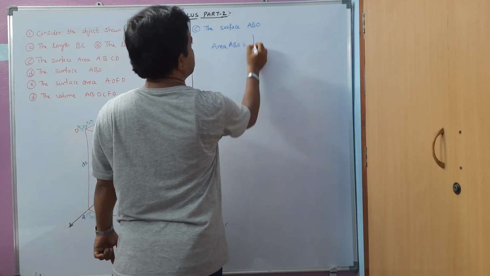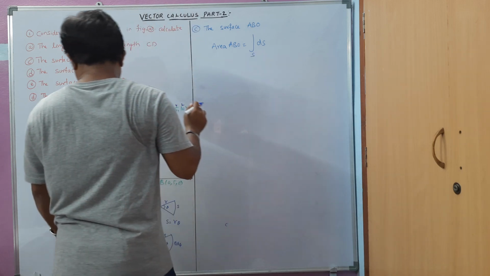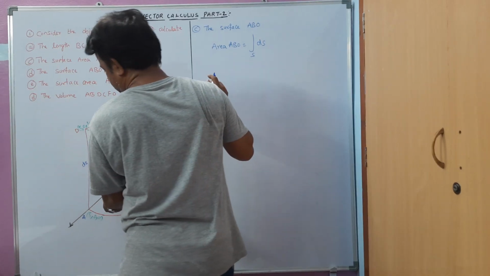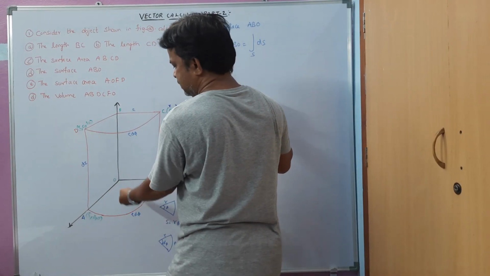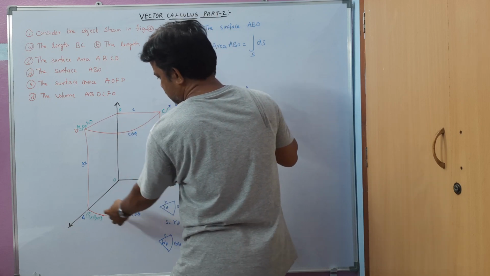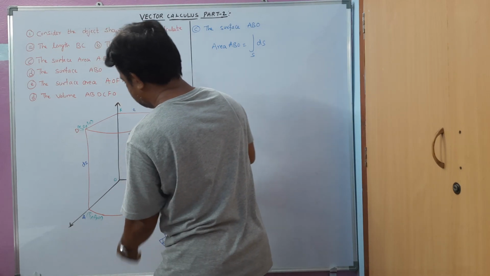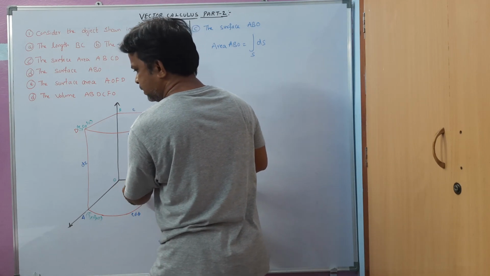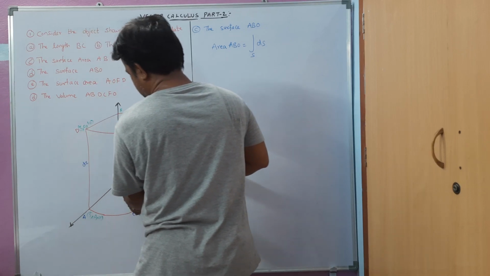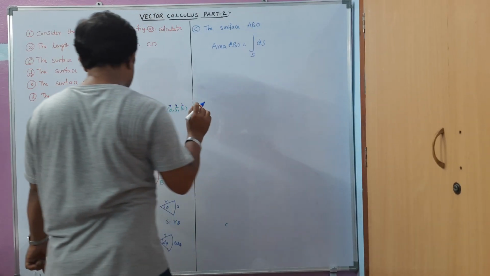So we have to take the surface integral of ds. For this surface, the z axis is perpendicular to it. This is the rho axis, and this is the phi axis.